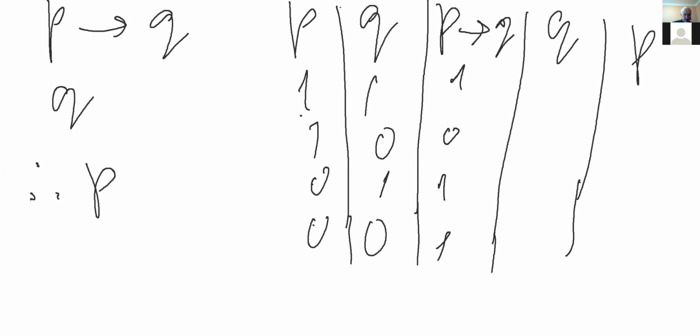Oh, sorry, all right. We don't need the Q column because Q is here, and we can just copy 1, 0, 1, 0.